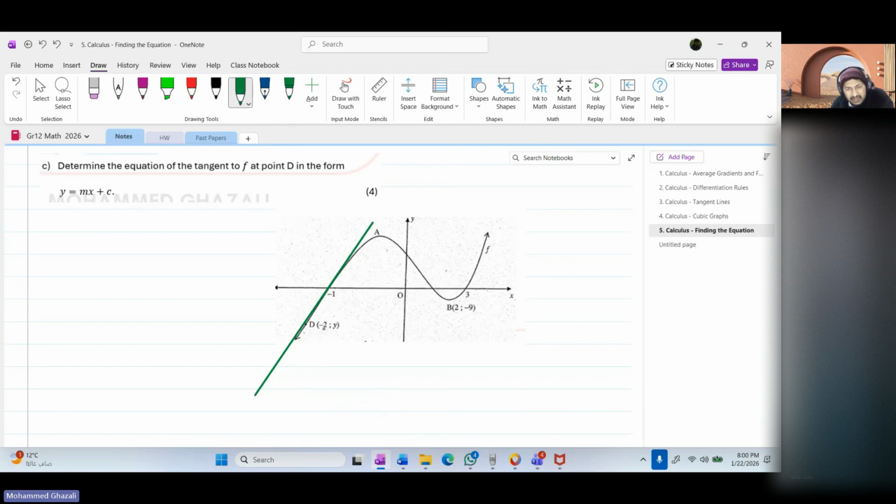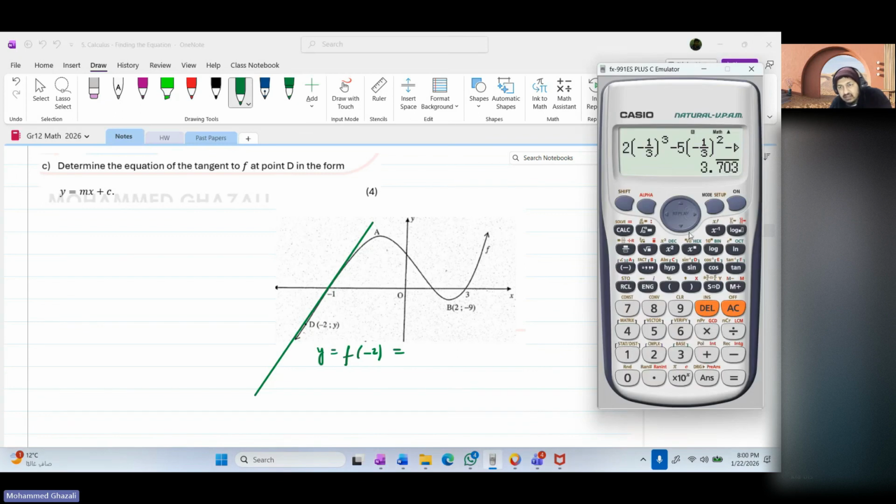And so you're trying to find the equation of this line, but we need the coordinate of D first. The coordinate of D is -2 and y. So the value of y is f of -2, which is substituting -2 inside here. So lucky I got this typed in already, so I can just edit this. -2, and -2 here as well.